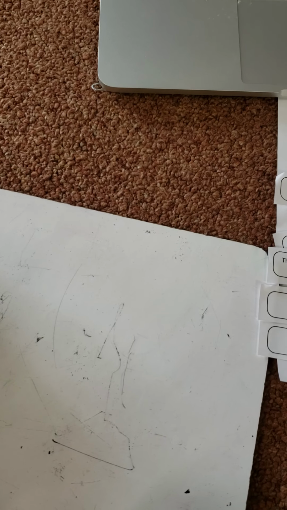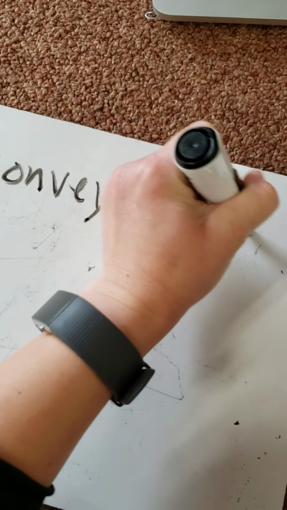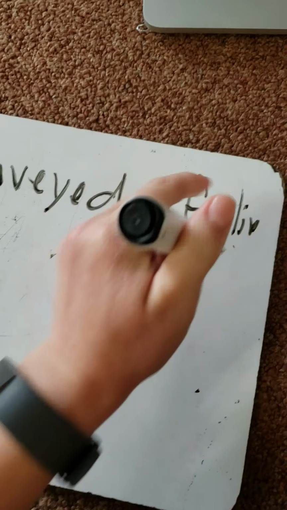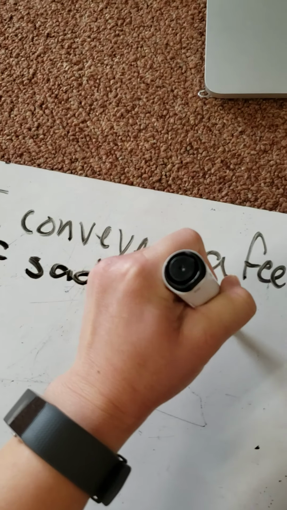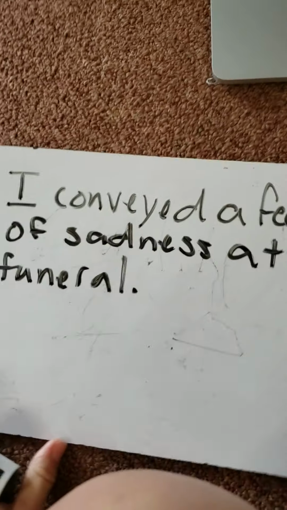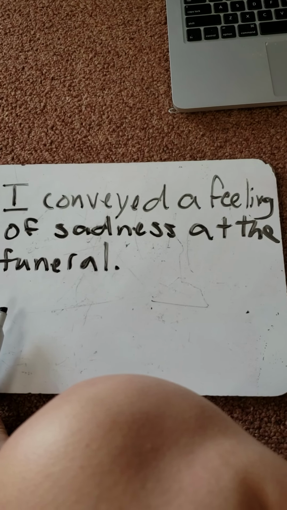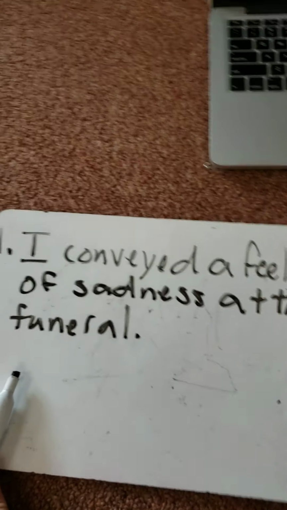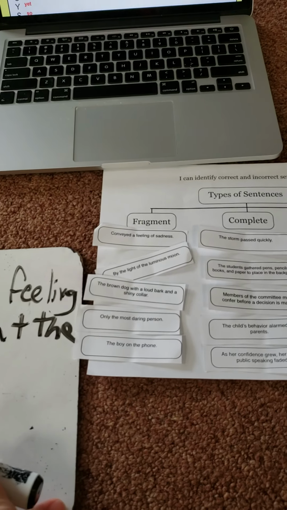So for number 1, I would say, I conveyed a feeling of sadness at the funeral. Is that a complete sentence now? Who conveyed a feeling of sadness? I did. And then I also put where I conveyed a feeling of sadness. So you're completing the fragments to make them complete sentences.